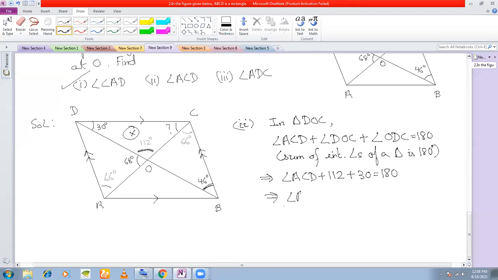So angle ACD plus 142 is equal to 180. Means angle ACD is equal to 180 minus 142. Angle ACD is 38 degrees. 28 or 38?